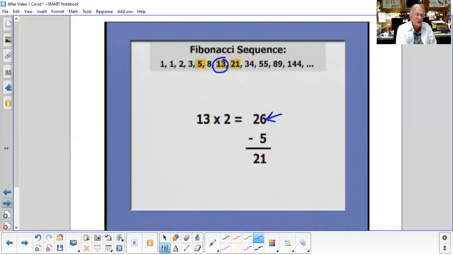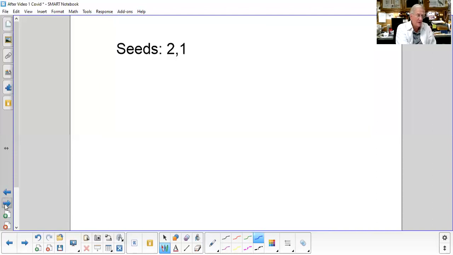If I go back 2 Fibonacci numbers prior to the one I started with, the 13, that's a 5. If I subtract 5 from 26, I get 21, which is the very next Fibonacci number.